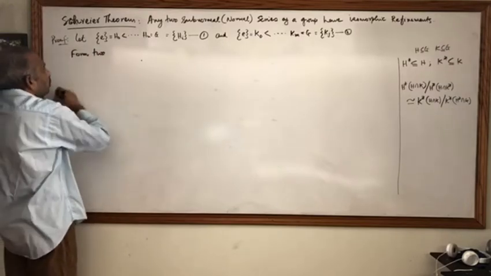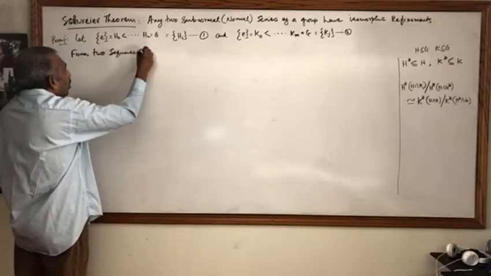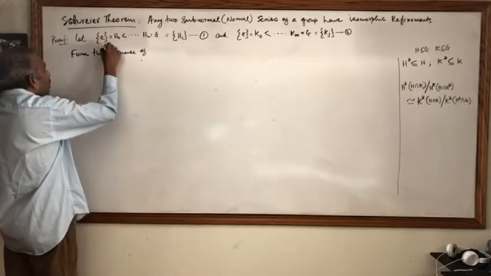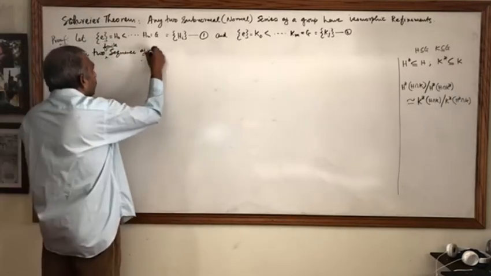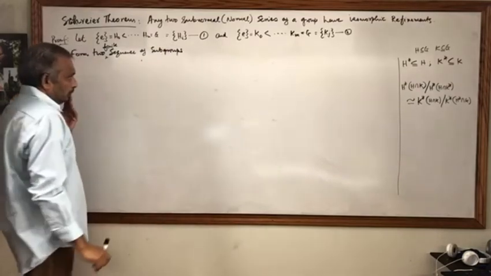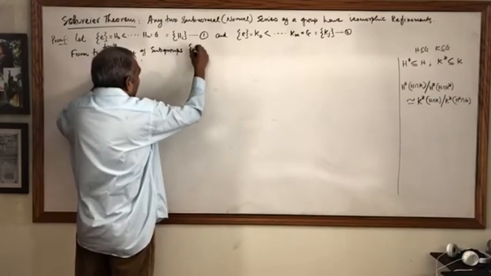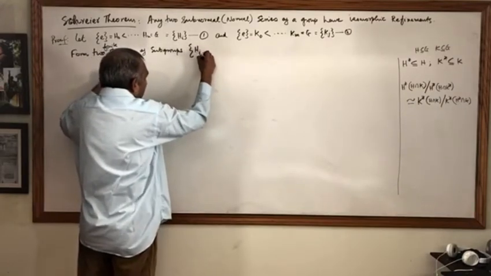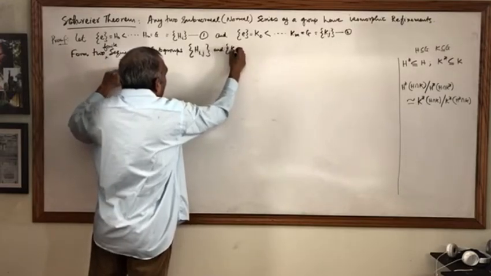So form two finite sequences of subgroups. Let us call them Hij and Kji.